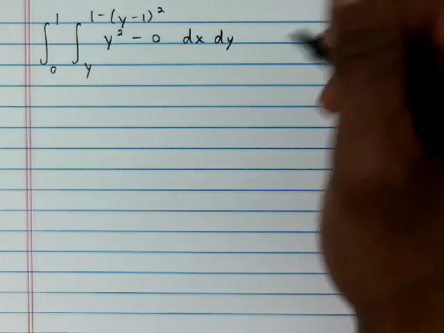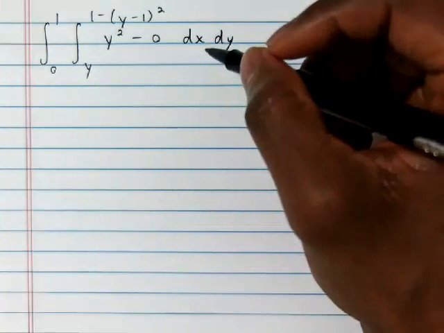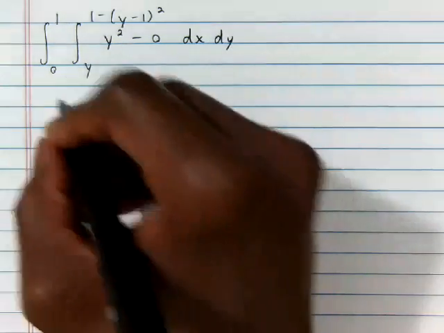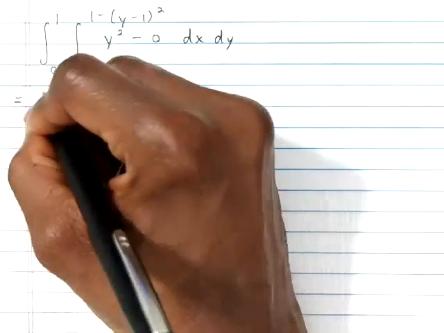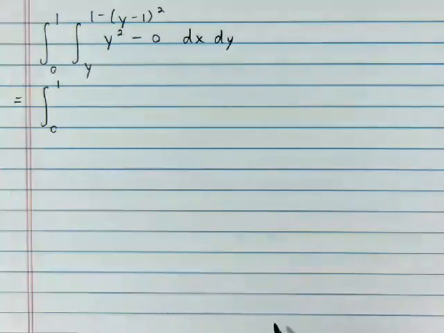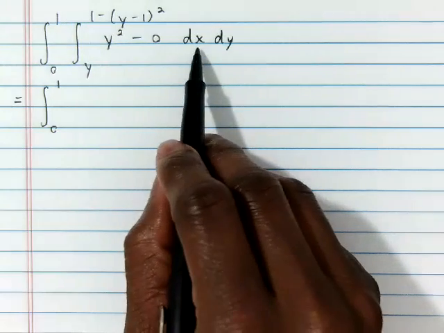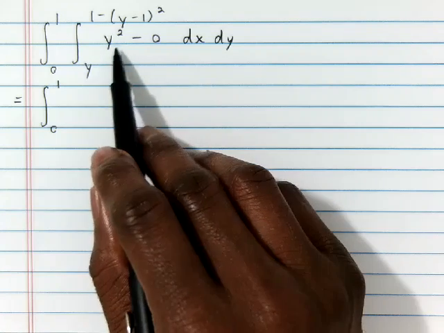Now what I'll do is get you through until we're at the calculus 1 part. Once we get to the calculus 1 part, I know you all already know how to do that. So let's get over the calculus 3 part first. We always do the inside integral first, so that 0 to 1 integral will stand out there. Now we're integrating y squared with respect to x. When we integrate with respect to x, the y terms are treated as a constant.